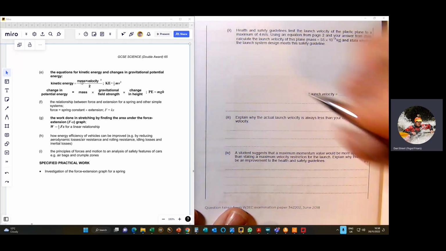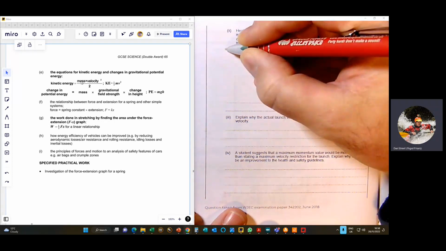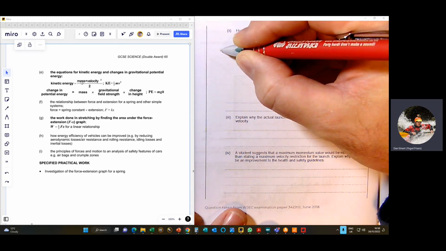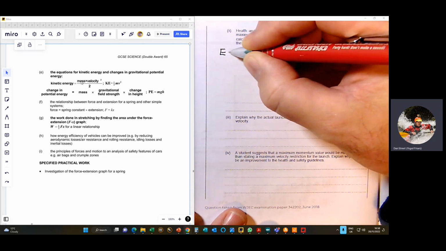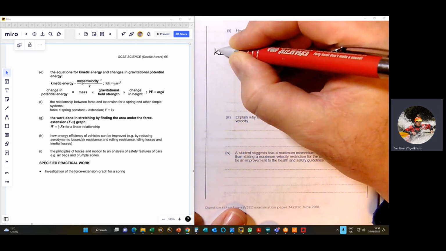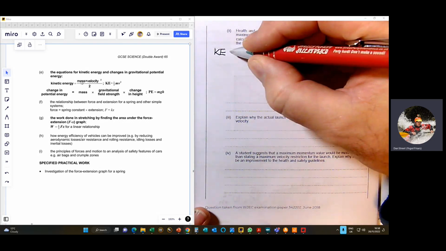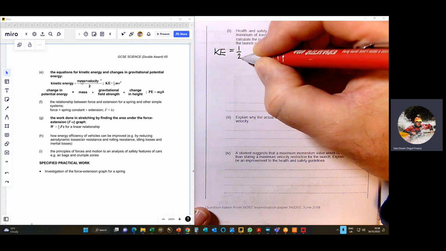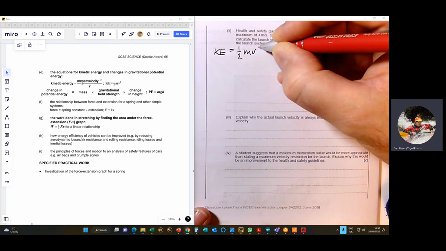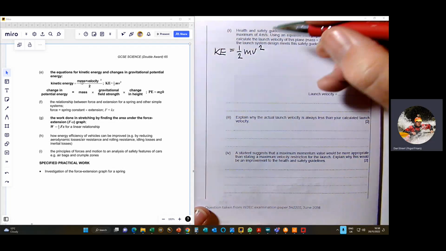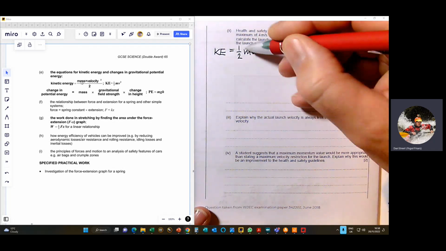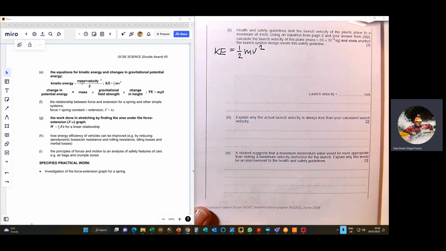So we can say KE, because the energy in the spring will be converted into kinetic energy as soon as you release it, equals a half m v squared. Now we're interested in velocity because we've been given all these other values in our question.